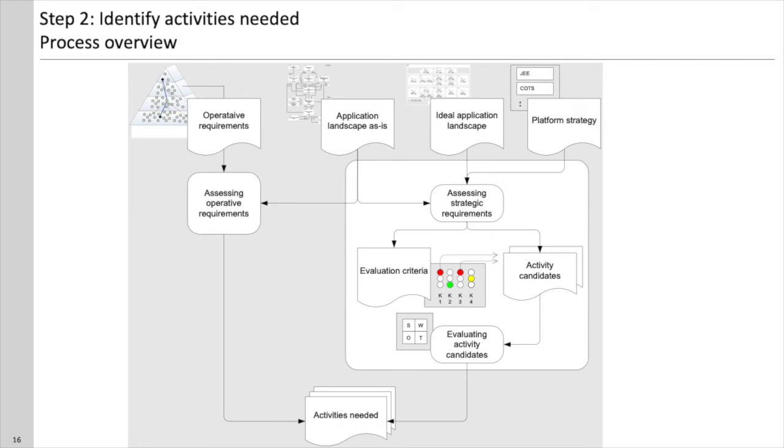This is again a systematic SWOT analysis-based process, because there are so many of them that without a methodology, you will never be able to actually perform this strategic requirements assessment. So at the end, we get a second set of activities needed. So we have activities needed resulting from the operative business-driven requirements on the one hand, and from the strategic IT-oriented requirements on the other.